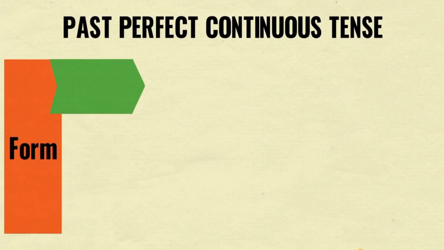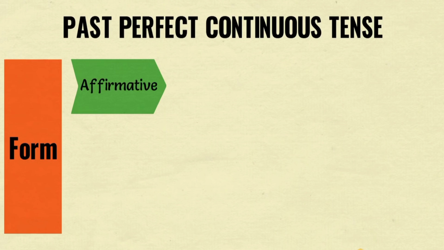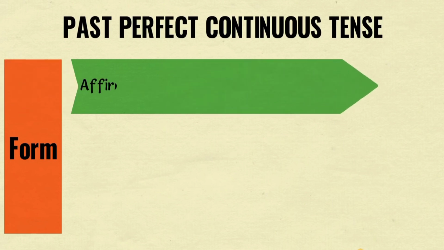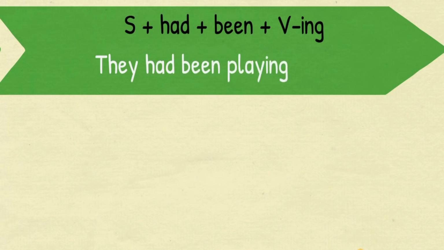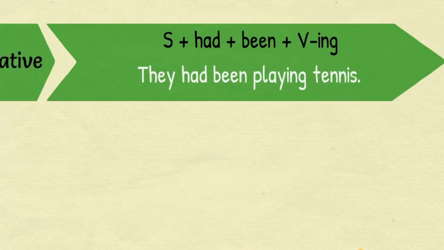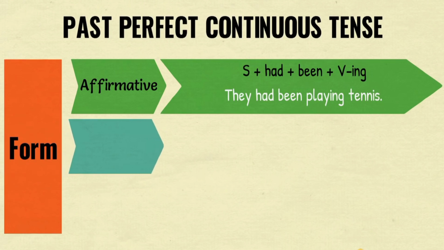Form. Affirmative. Subject plus had plus been plus verb ing. They had been playing tennis.